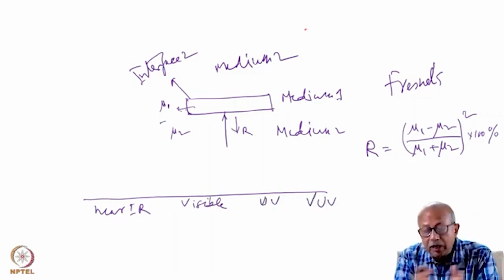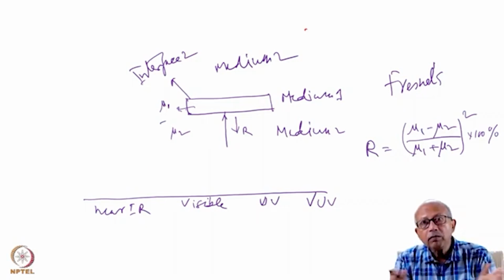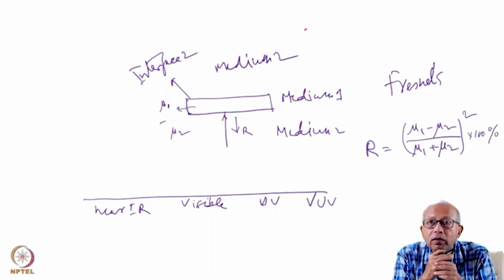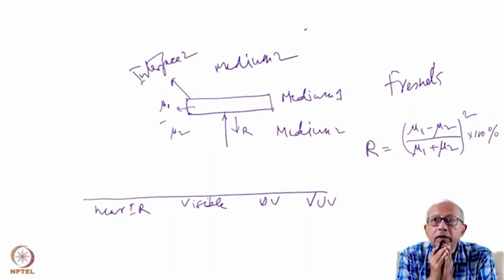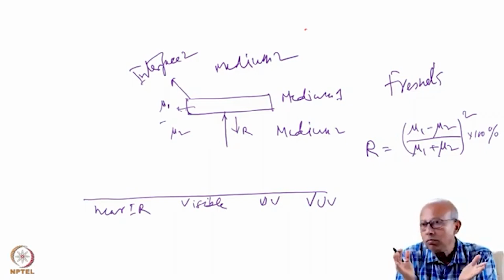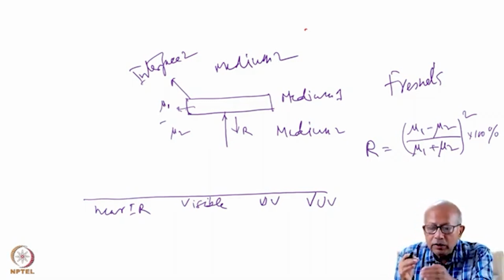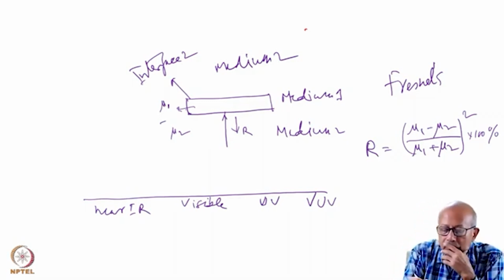So for a wide range of wavelengths, glass has full transmission, and that is why it is preferred as the substrate material of most of the optics used for the operation of laser. So we consider this medium to be glass.